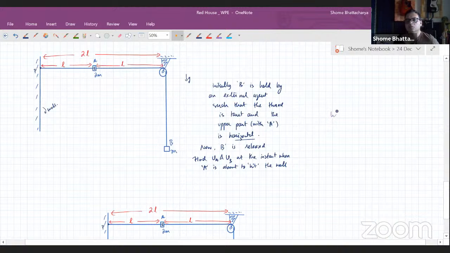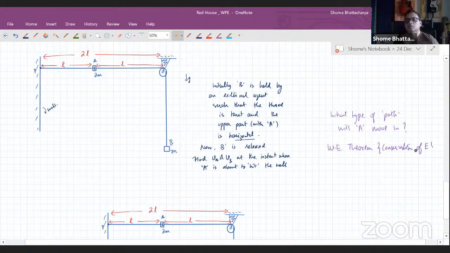First of all, think what type of path will A move in? Think of work energy theorem. In fact, conservation of mechanical energy for the system that consists of A plus B plus the thread plus gravity.